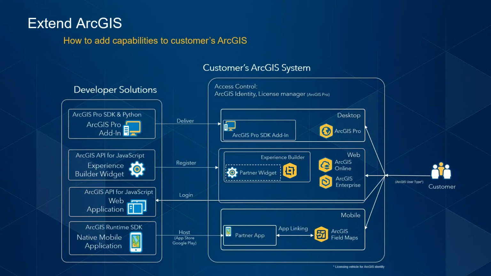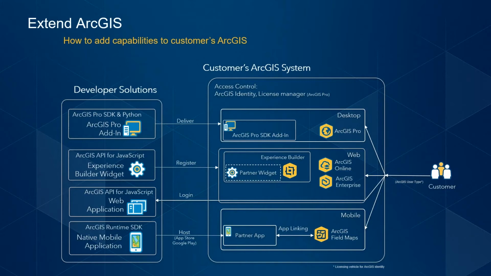You can also utilize the concept called app linking, which gives the option within your application to initiate the login process and the workflow, for example, data collection by connecting it to an ArcGIS out-of-the-box application such as Field Maps.